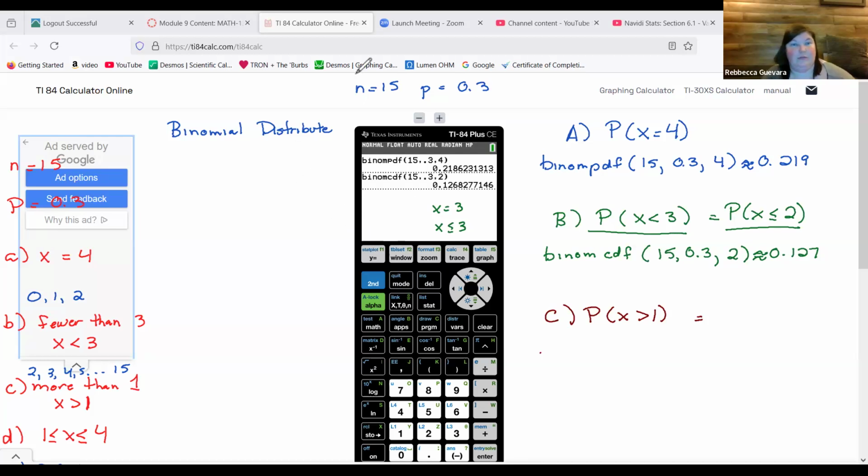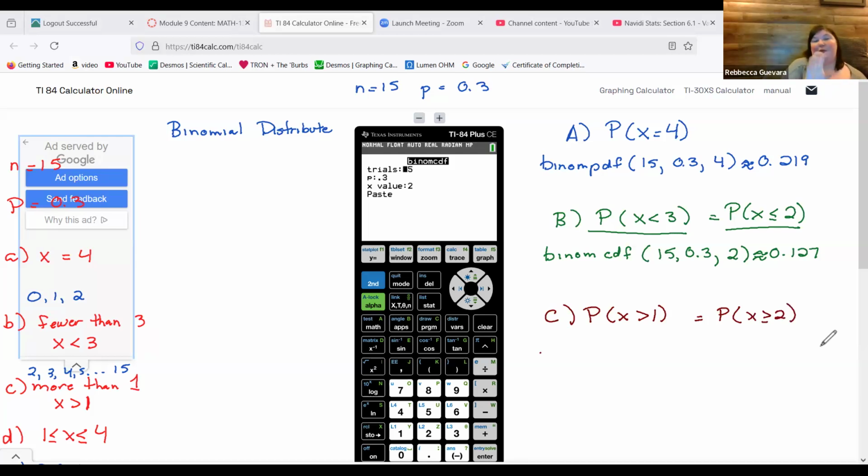So let me get back to my binom here. Second, vars. So if I go back to that binom CDF, 15 trials, we're going to have to figure out what this X is. I need greater than 1, which means that X has to be at least 2 or greater.